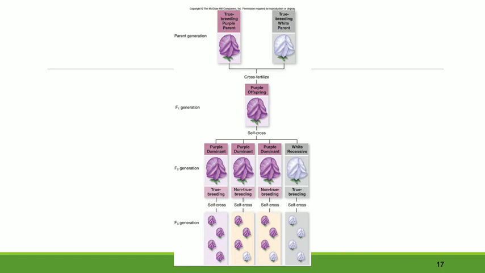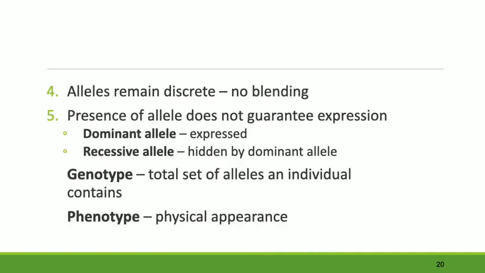And just by that, we define purple as dominant. So if there's both traits involved, but only one of them is expressed, then that trait that's expressed is called dominant over the other one.